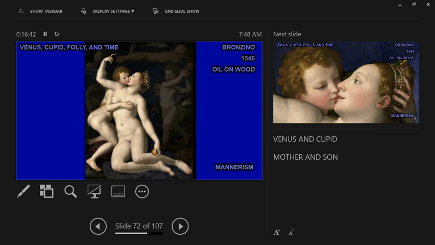All right, she's the goddess of beauty, marriage, and love. And Eros is the god of love. What is the relationship between Eros and Aphrodite, or Cupid and Venus? Does anybody know? What's the relationship between them? Venus and Cupid. They are related. Right. Venus is the mother of Eros.